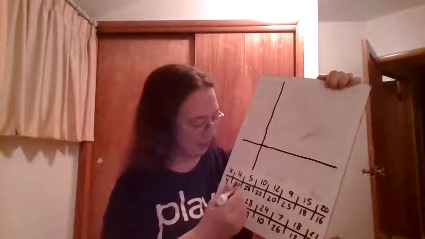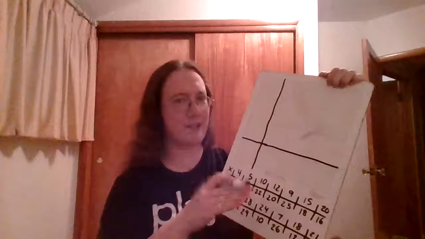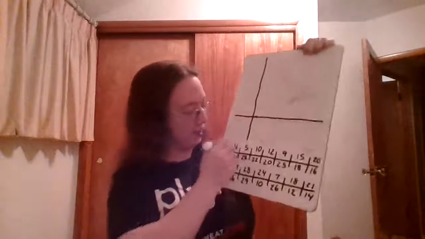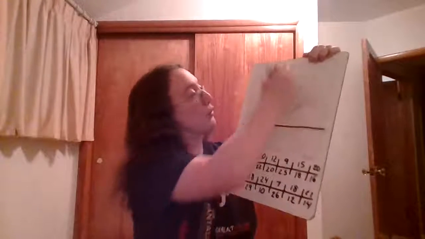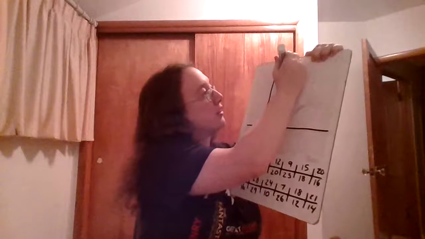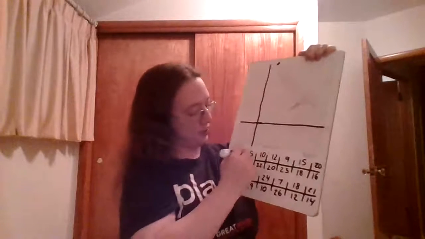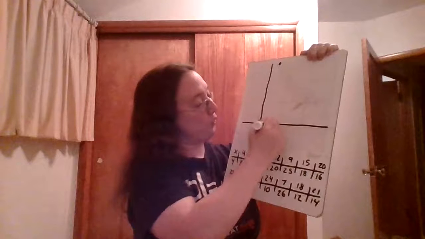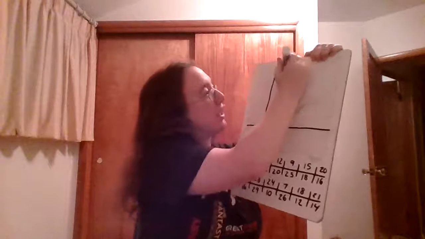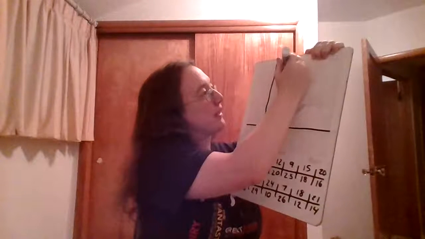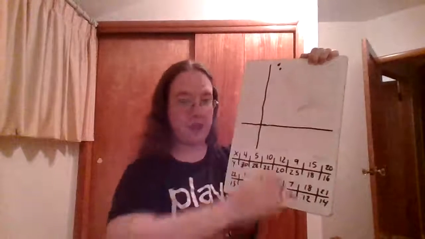We've been doing this since at least 7th grade. I'm pretty sure you did some of this in 6th grade too. So if I've got 4, 30, we're over 4, up 30. If we're at 5, 28, over 5, up 28. And again, over and then up is the big thing to watch out for here. X goes across, Y goes up and down.